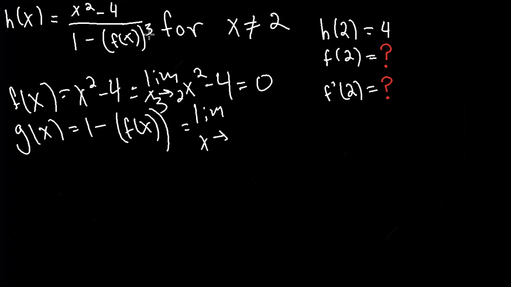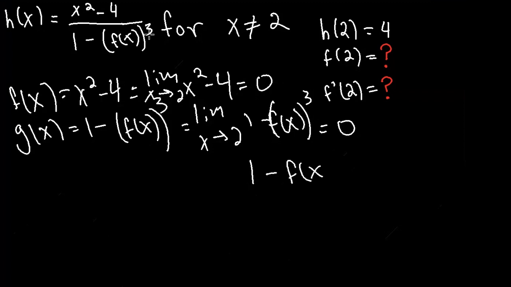So as we approach 2 for the denominator, 1 minus f of x cubed is going to be equal to 0, right? It has to be equal to 0. And we're trying to find the value of f of 2, when we plug in 2 into f of x.